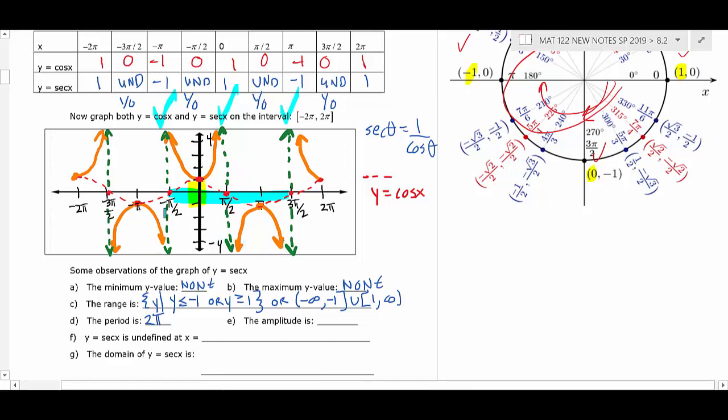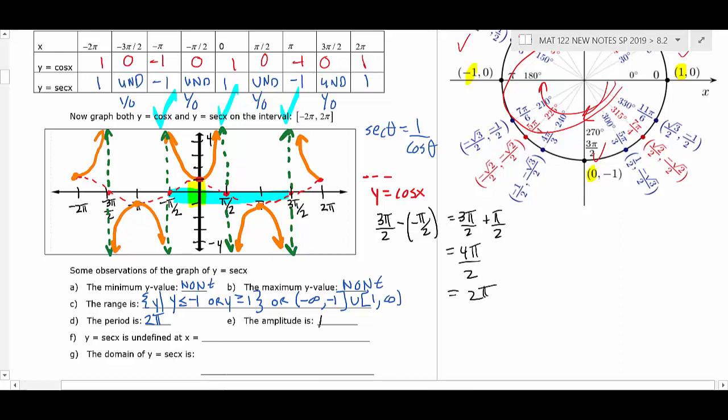So the distance between negative pi over 2 and 3 pi over 2, that's still 2 pi. If you want to find the distance between two numbers, you subtract them. So if I did that, I'd have 3 pi over 2 plus pi over 2. Well, that's 4 pi over 2, so that's still 2 pi. So it's got the same period that the cosecant had.